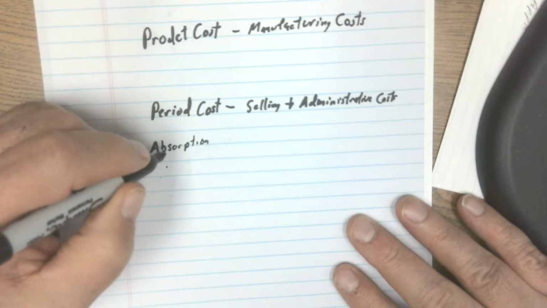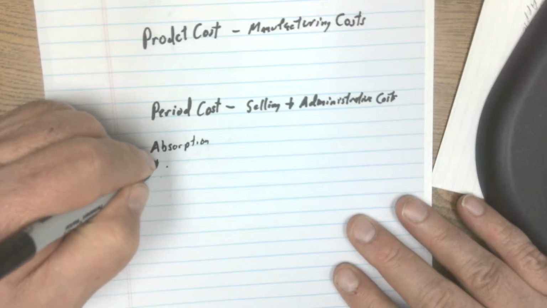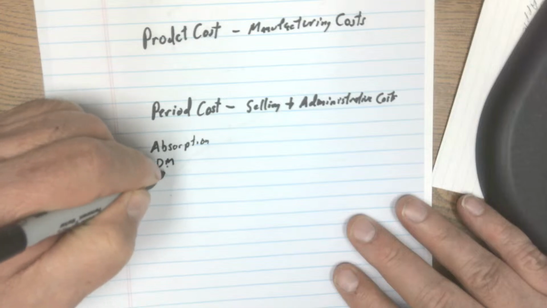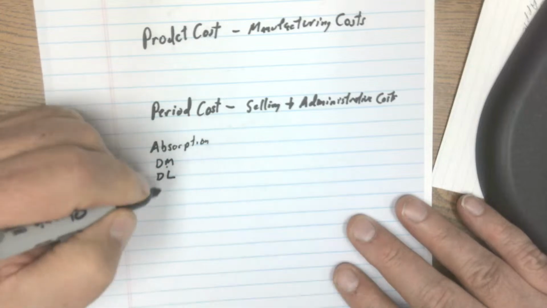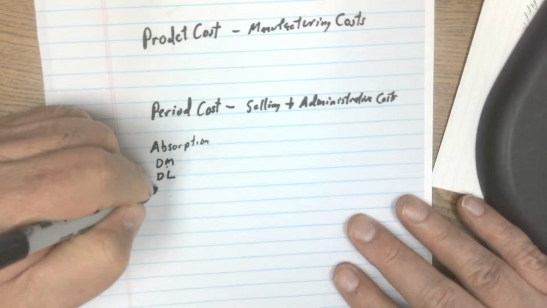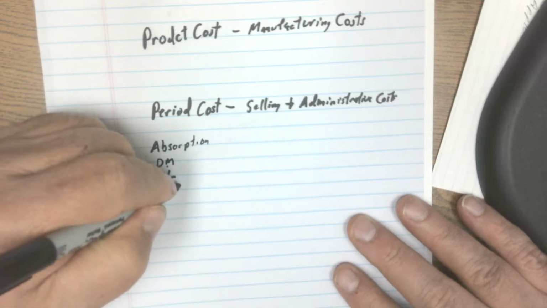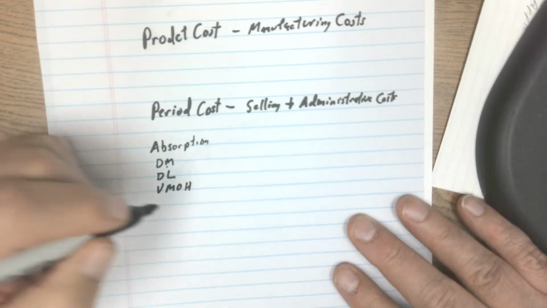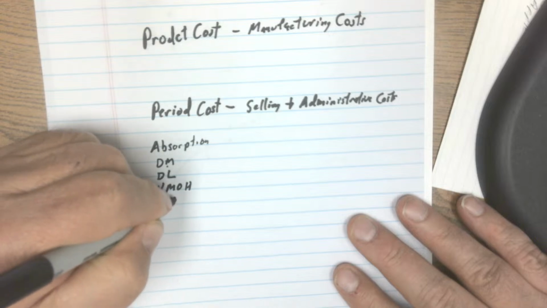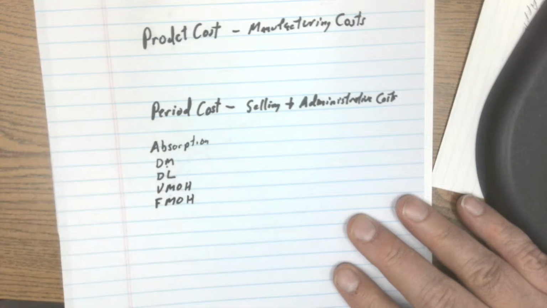And the product costs on absorption accounting are direct materials, direct labor, and manufacturing overhead. I'm going to split that into variable manufacturing overhead, the V for variable, and fixed manufacturing overhead.